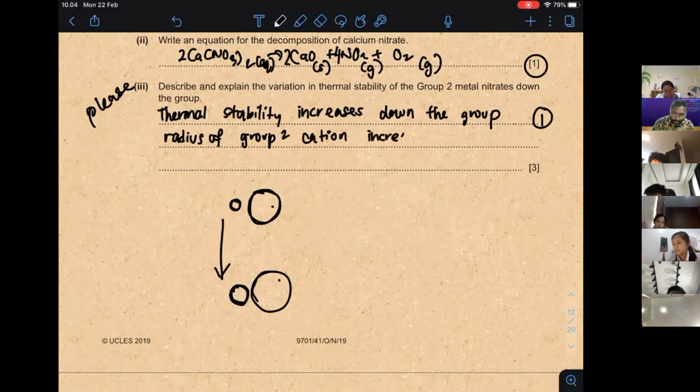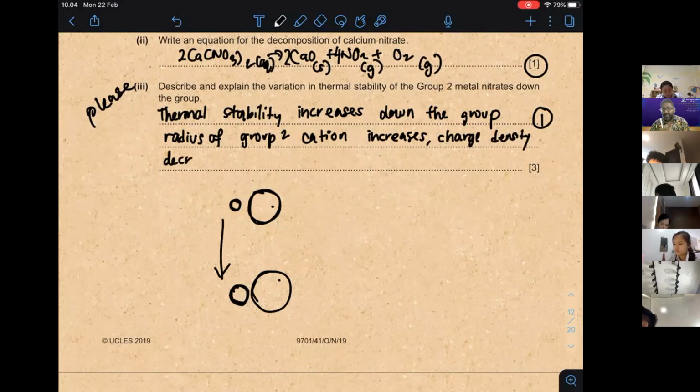increases. And then if you look at the charge, the charges are the same. So when the same charge is divided over a bigger radius, a bigger volume, the charge density is going to decrease down the group.